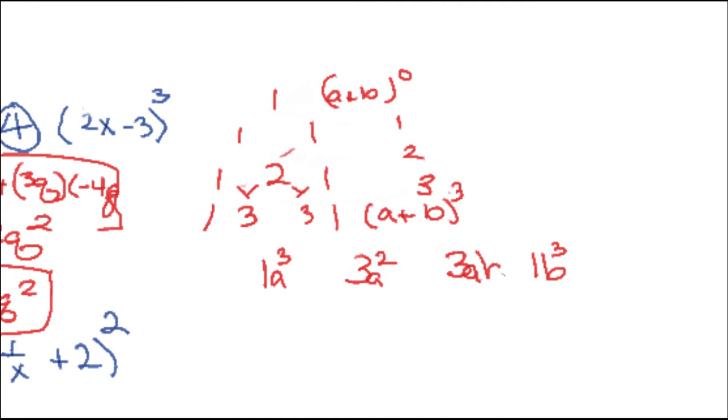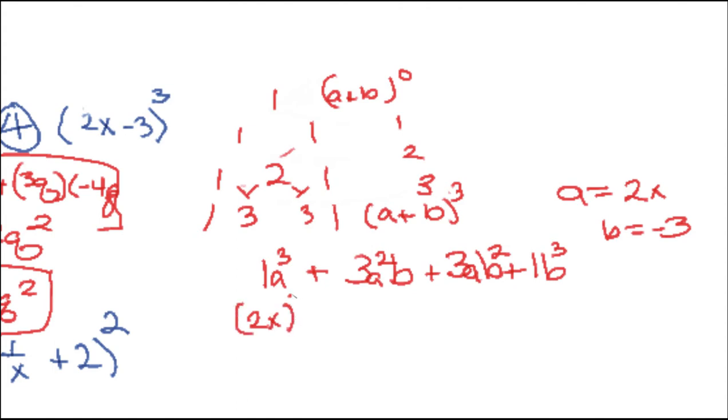You work your way down with those, so there are no b's left. And then your a is 2x, and your b is negative 3. So everywhere I see an a, I plug in a 2x.